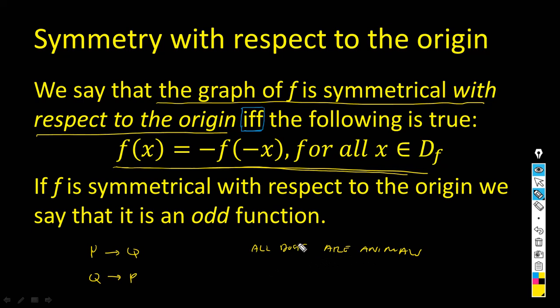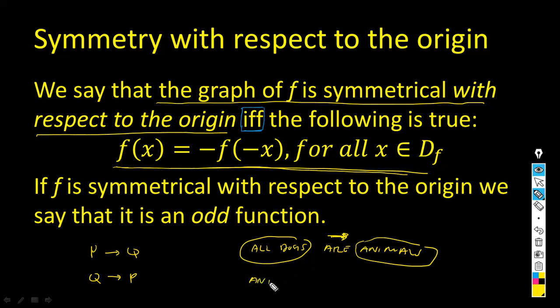So, let me rephrase it. Something being a dog implies that that something is an animal. I'm going to repeat that. Something being a dog implies that that something is an animal. But the converse doesn't apply.